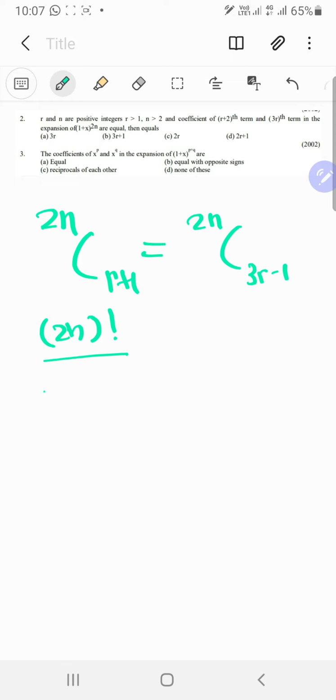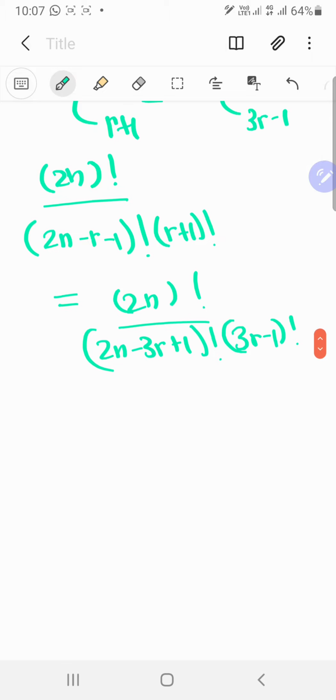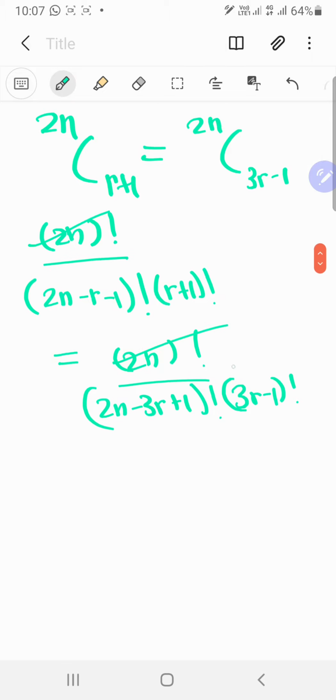So yeah, 2n minus r minus 1 factorial, and over here you will have r plus 1 factorial. That is supposed to be equal to 2n factorial upon 2n minus 3r plus 1 factorial and 3r minus 1 factorial. Okay, cool. So that's going to cancel.